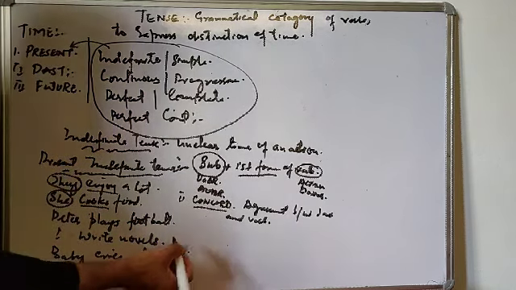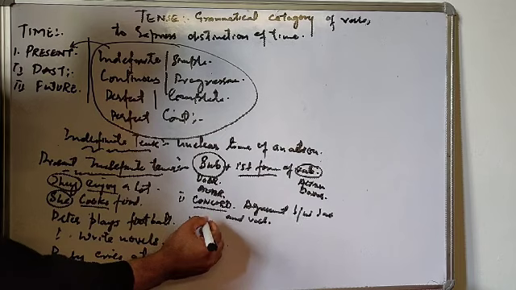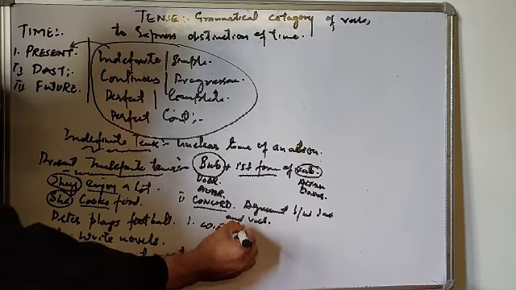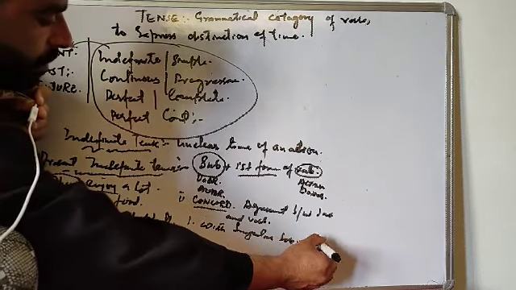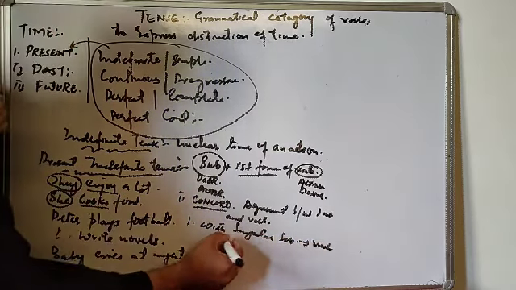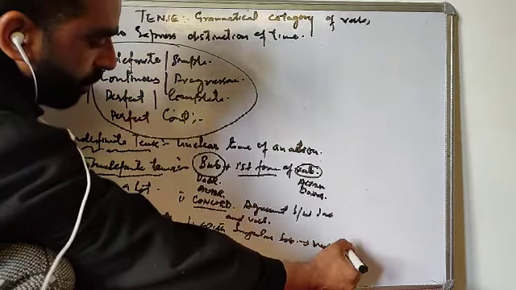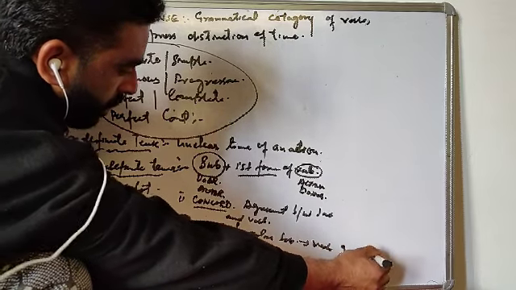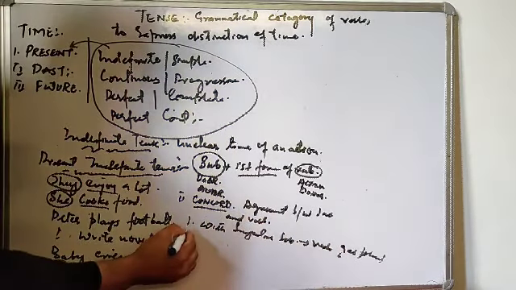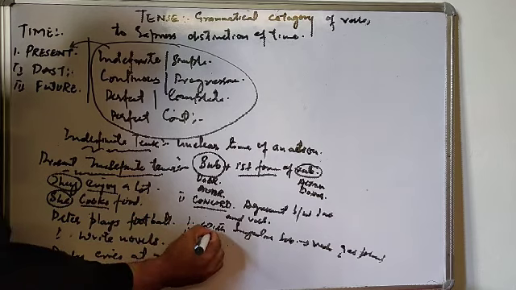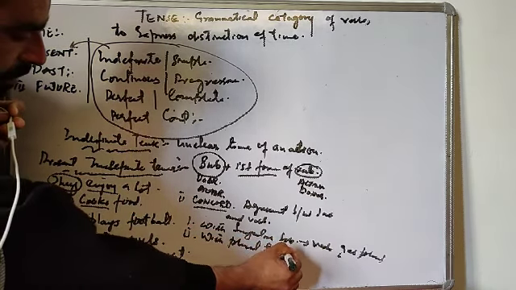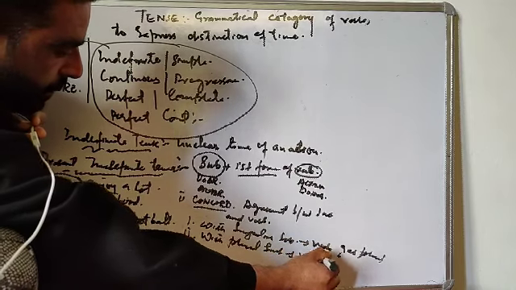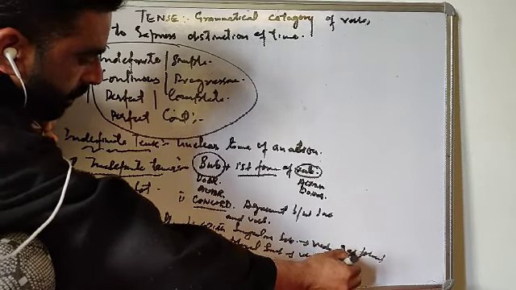There are some rules we have to follow. Rule number first is, with singular subject, verb goes plural. Number second is, with plural subject, verb goes singular.